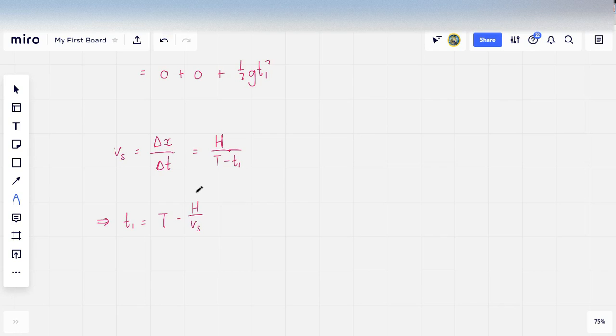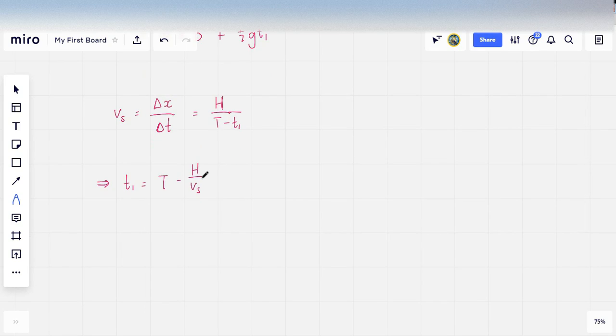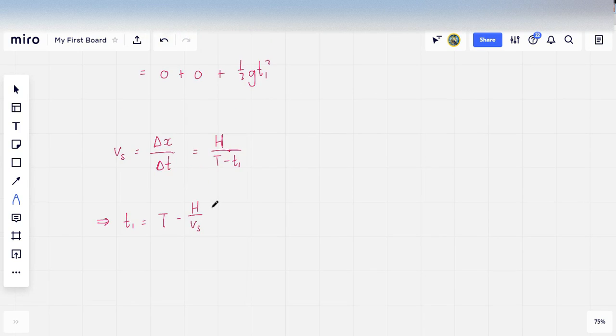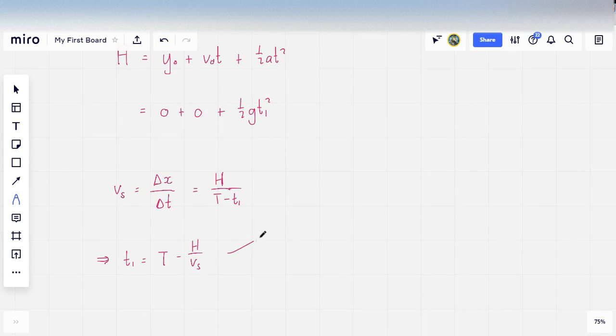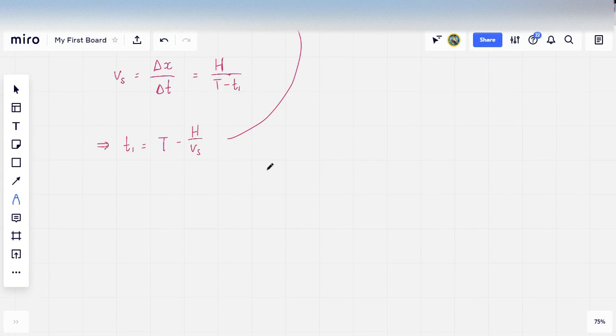So we can insert this expression for t1 into the equation for h above, and hence we'll be able to solve for the height of the cliff h.